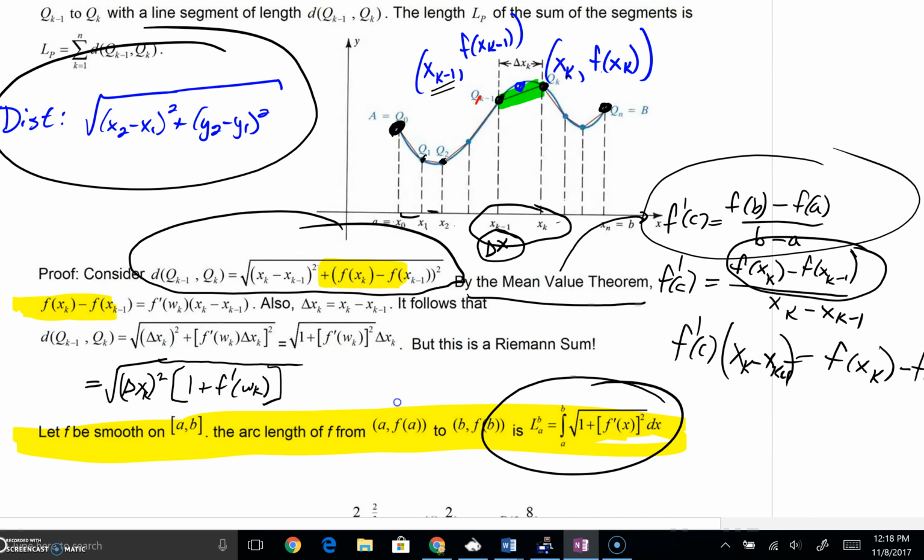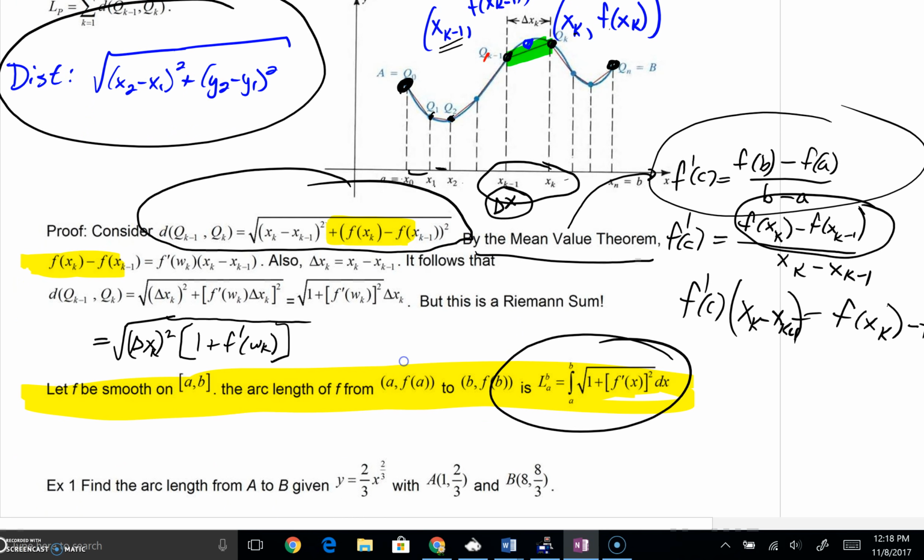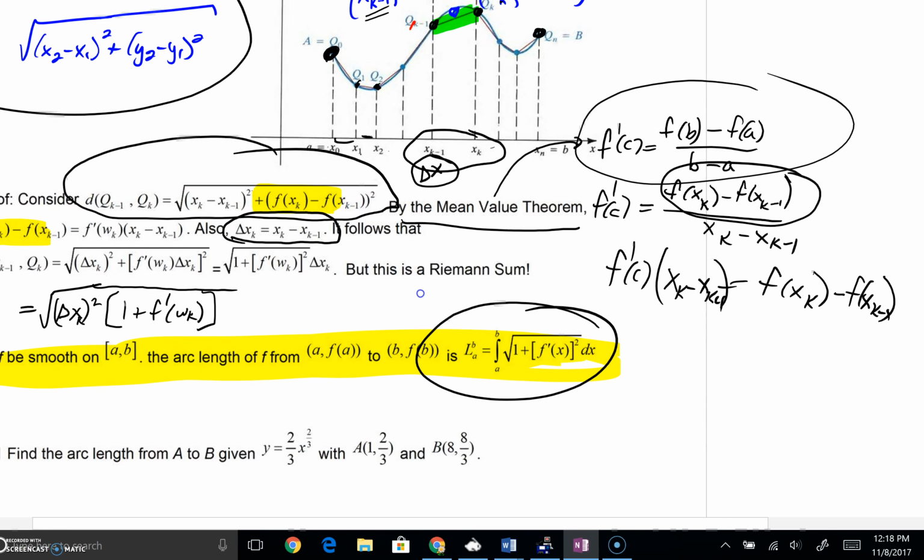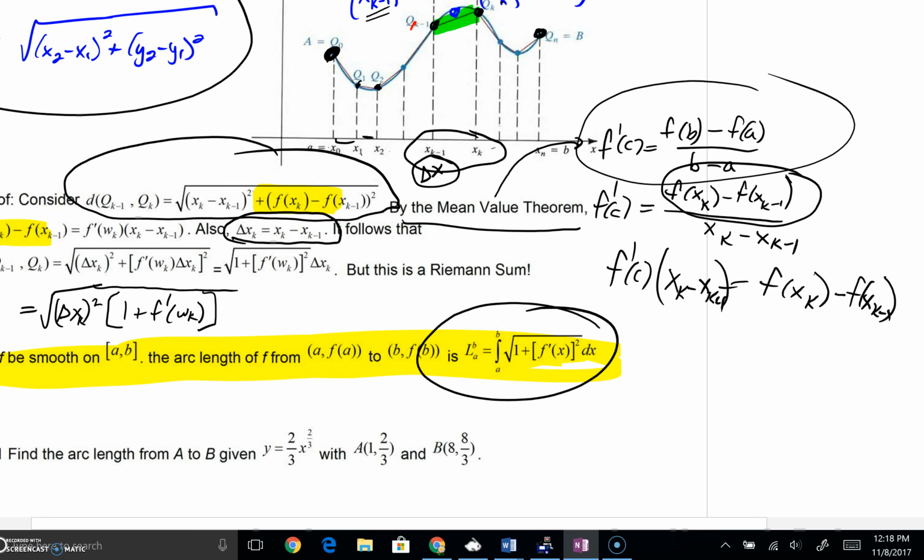Well, we can also point out that right here, delta x is the change in the x. So look, if I were to say, look right here in green, that expression could be changed to f prime times x sub k minus x sub k minus 1.